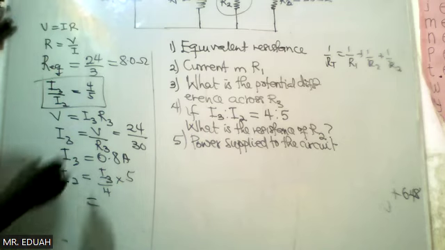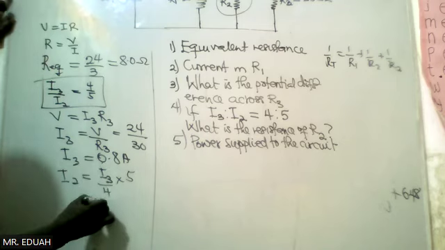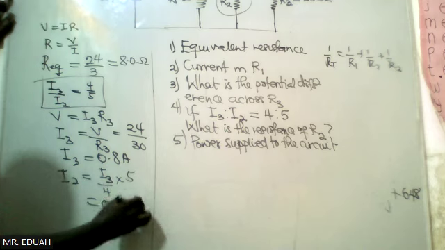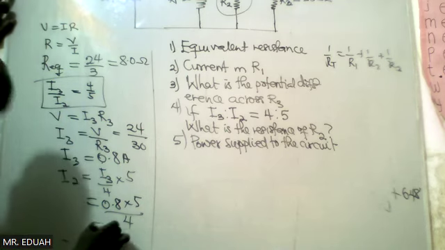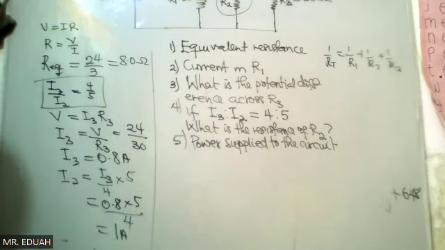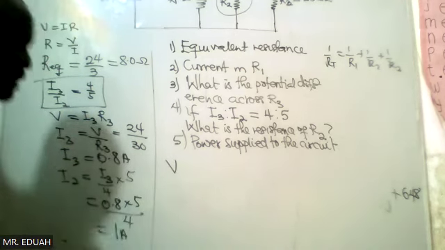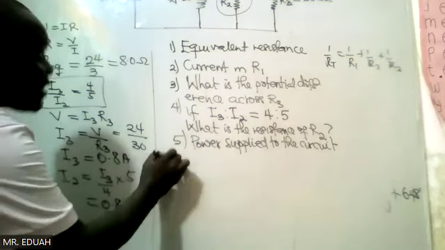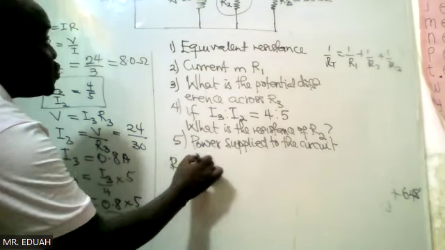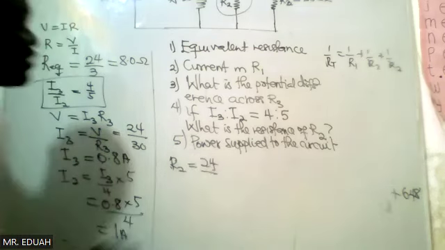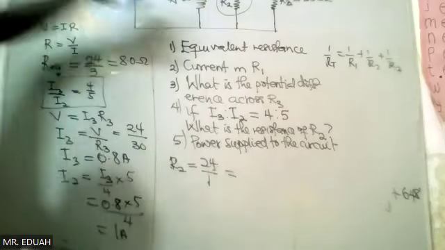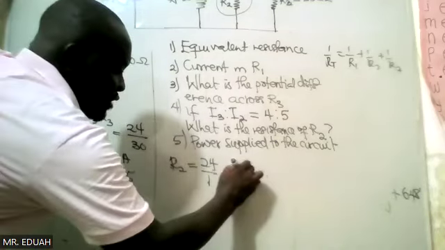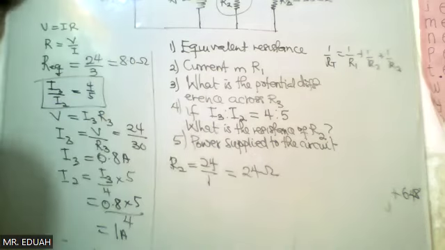Because she has I3, 0.8 times 5 over 4 will be equal to 1 ampere. Then using the same Ohm's law, R2 will be equal to 24 over 1. Therefore, R2 is 24 ohm.